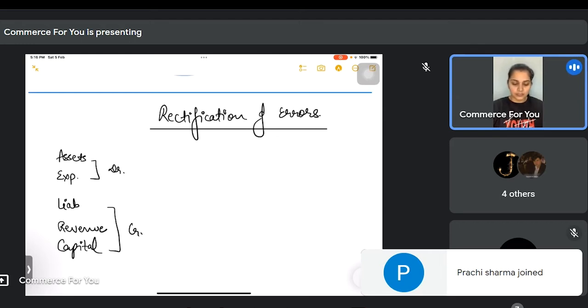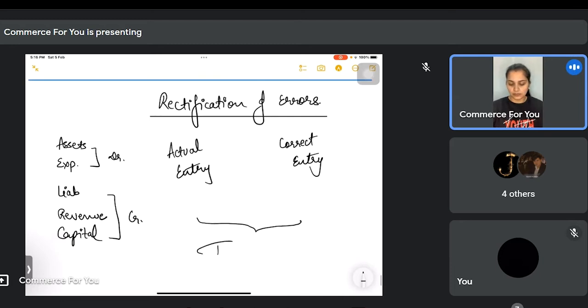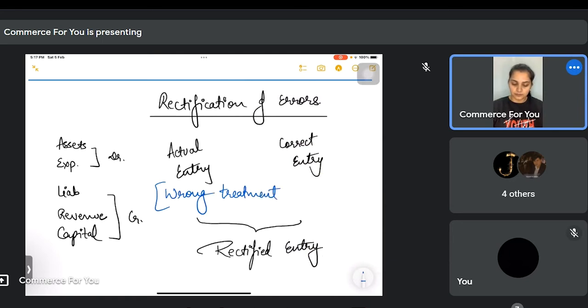So in rectification too, we have to see what entry was actually required. So we have the actual entry, the correct entry, and you are going to compare these two to find out your rectified entry. The actual entry means the wrong treatment in the books.